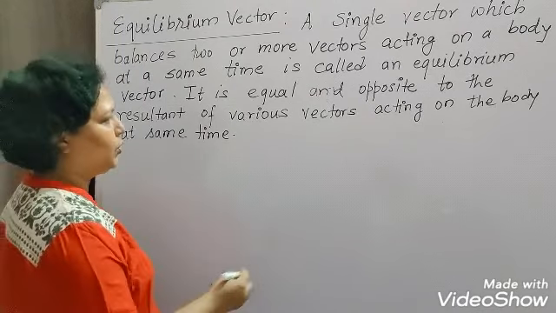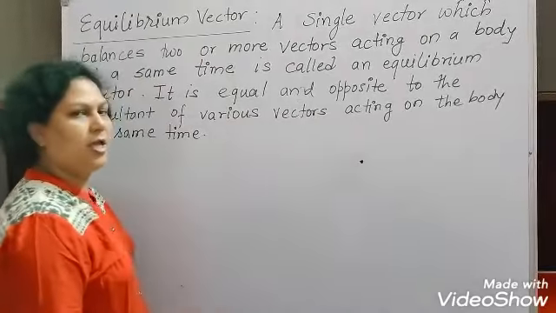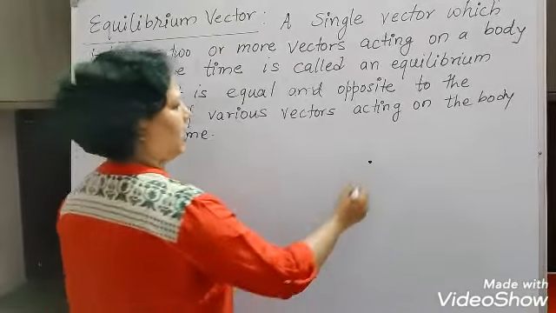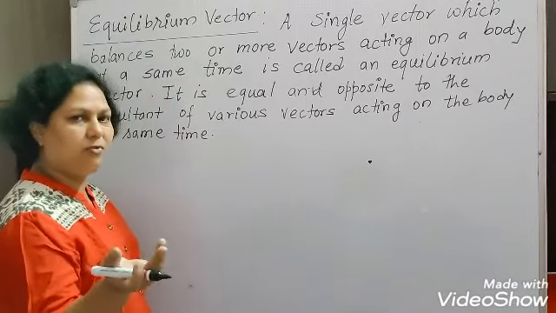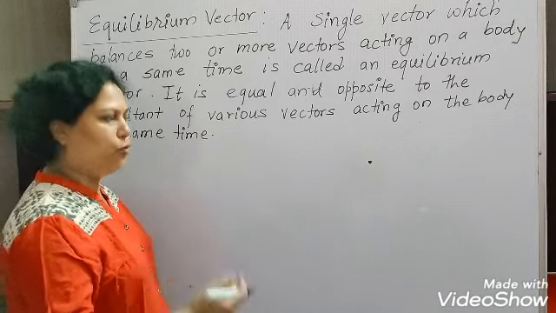For example, suppose this is an object on which many forces are working. Force is also a vector quantity, so I am taking an example of force.